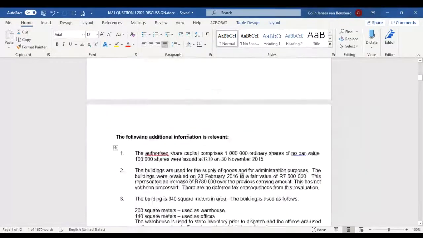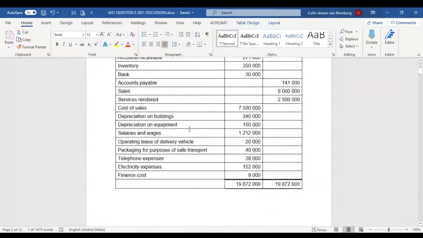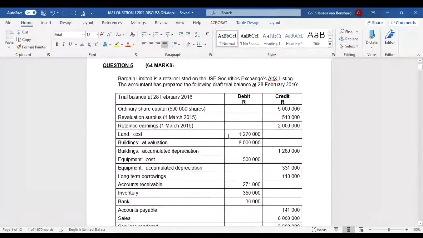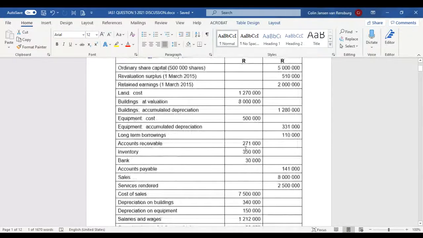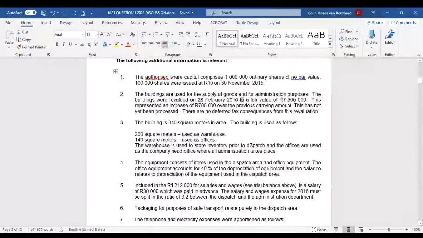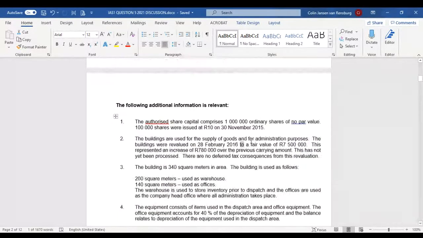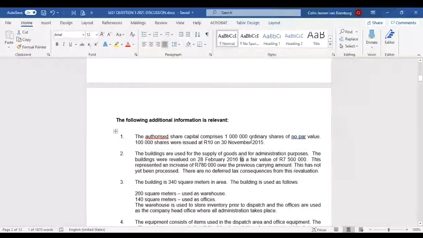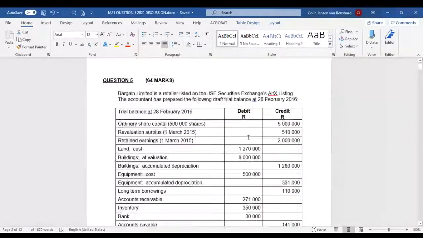Land, where is it now? Land at cost, 1,270,000 rands. So if it is going to be valued upwards to... Is that now correct? No, sorry, the buildings, not the land, the buildings.